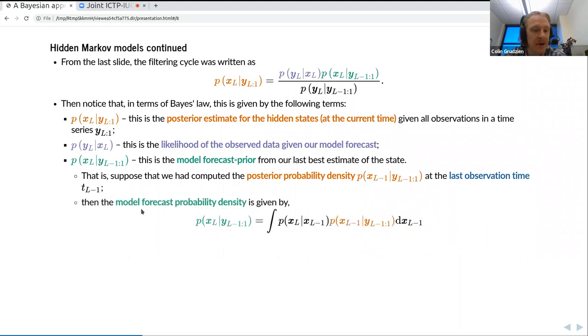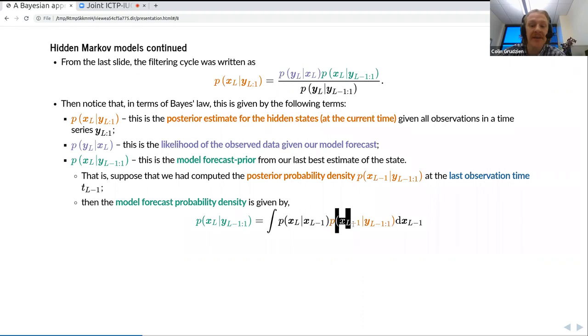Well, we can write this model forecast probability density on this side, where we take the last posterior, multiply it times the Markov transition kernel, this conditional probability for the current state given our last state, and where we integrate out and average out the possible realizations of the last model state. And so this is the exact analog in that sense of this initial value problem. We're looking at this step as representing our model forecast given whatever our best estimate of the initialization is.